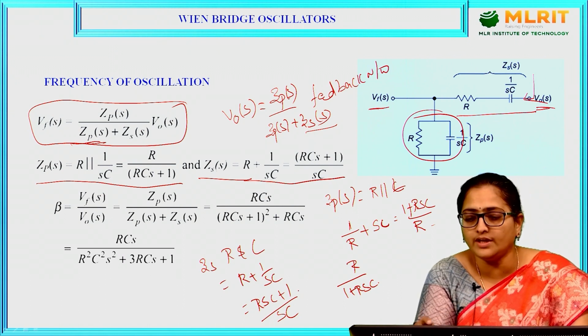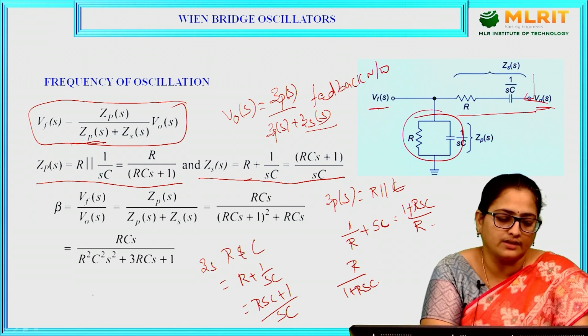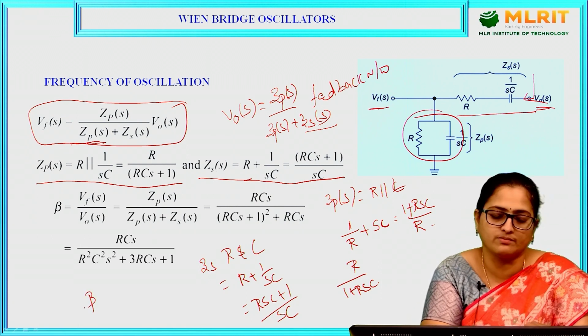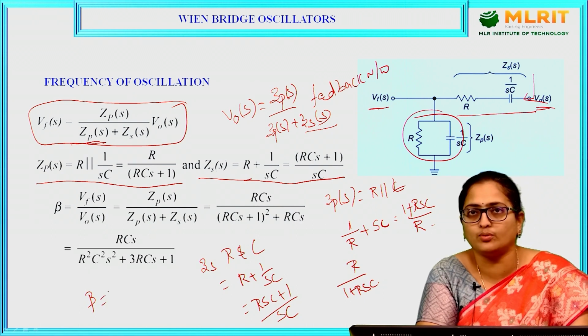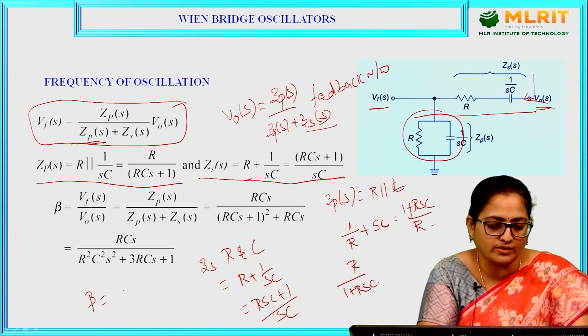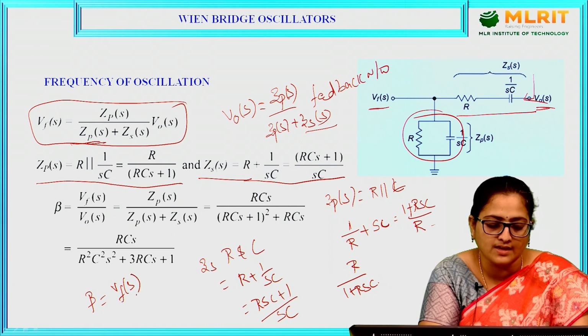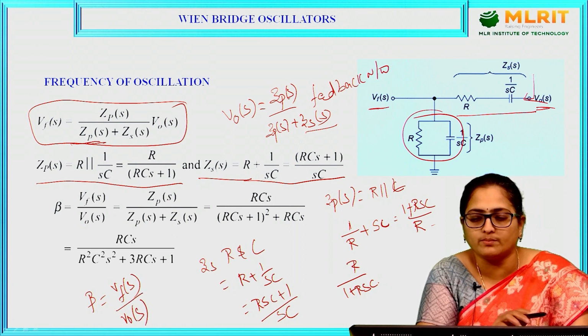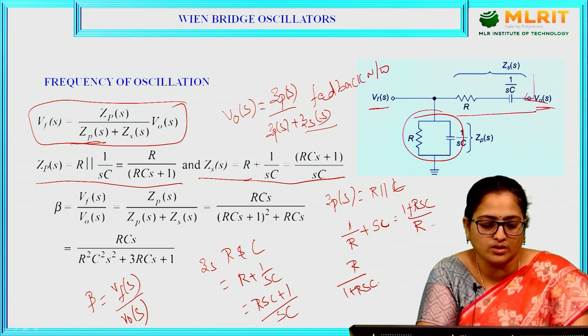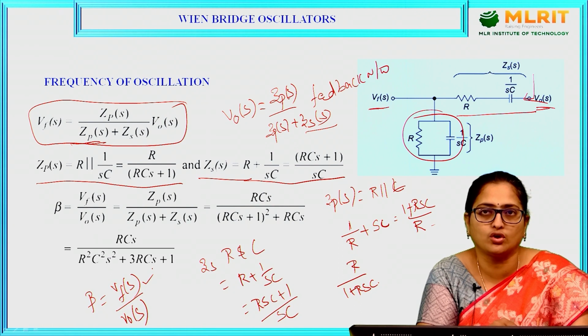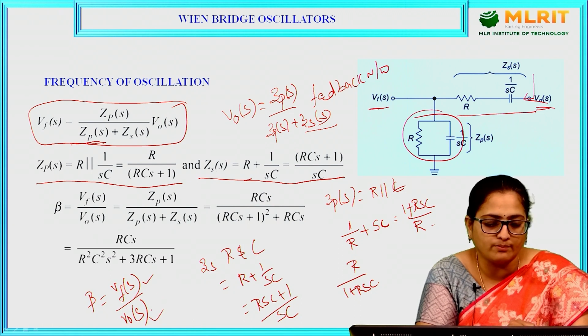Now, we need to find out the gain of this feedback network. The feedback network gain is given with beta, which is the output voltage by the input voltage, where the output voltage is Vf of S and the input voltage is V0 of S for the feedback network. Beta is the gain of the feedback network, Vf of S is the output voltage of the feedback network, and V0 of S is the input voltage of the feedback network.